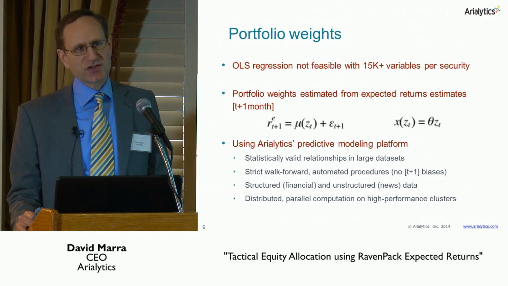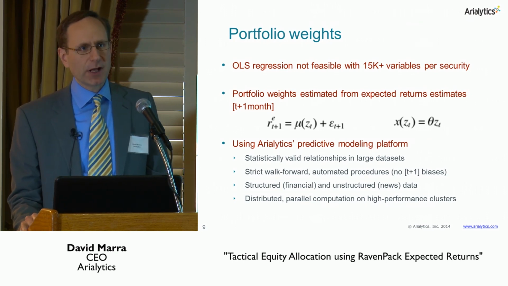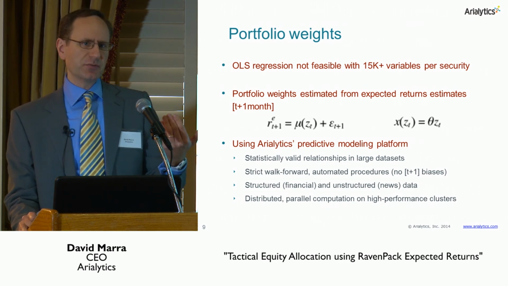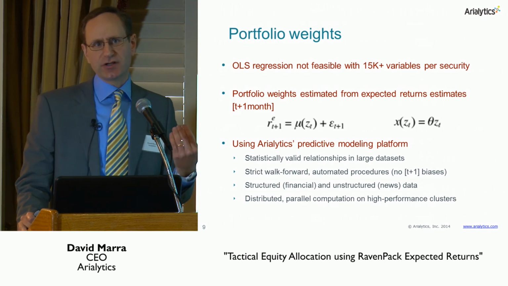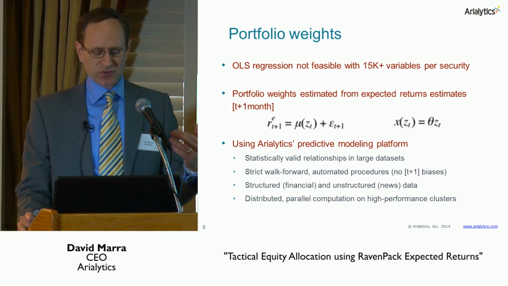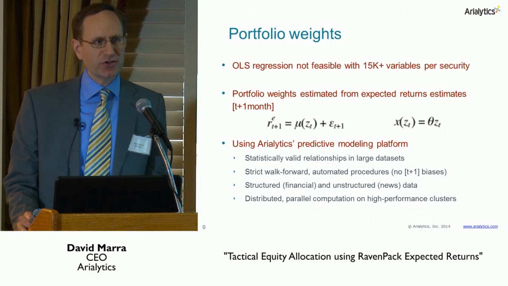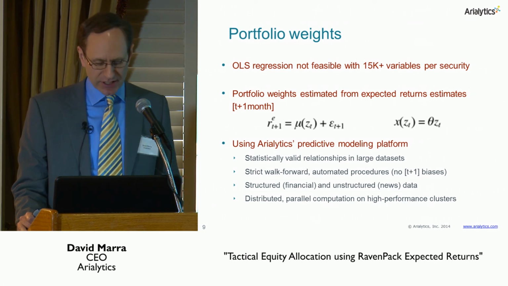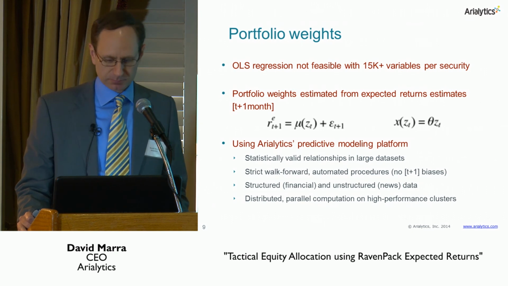It extracts statistically significant relationships in large amounts of data. It does it using very strict procedures. So it's all using just information, if you're standing at any point in time, at point t, it's only using information up to t-1, so that there's no bias in it. So it's a strict walk-forward type procedure. It uses structured and unstructured news, so financial data and news data. And it sits atop a high performance parallel compute platform.